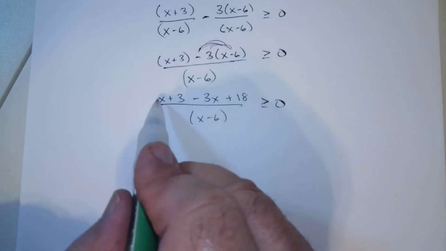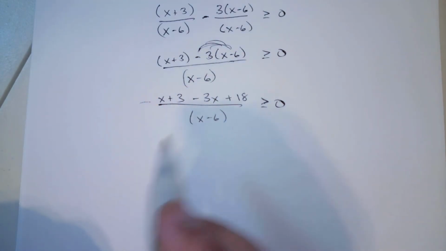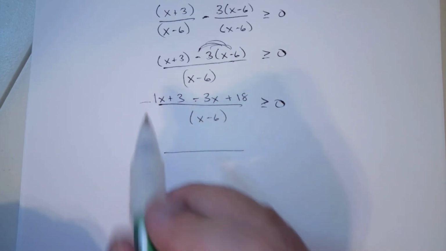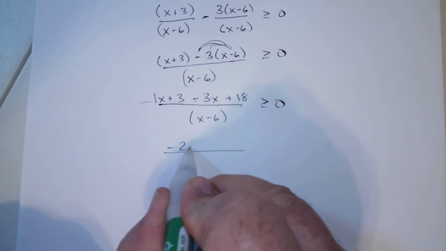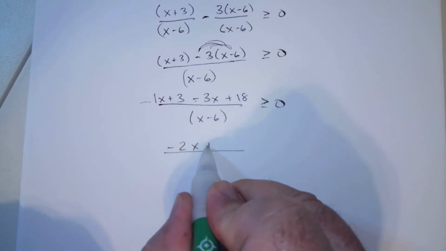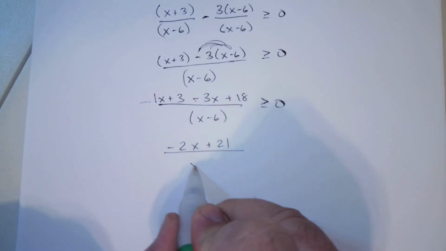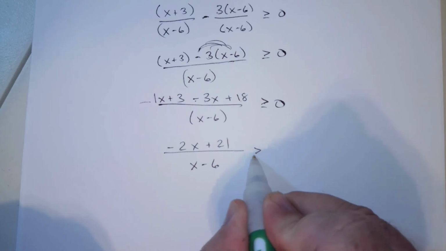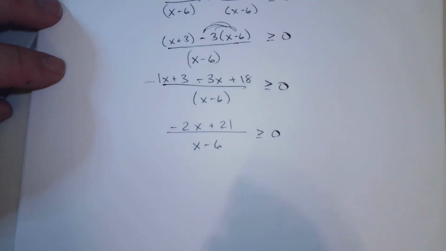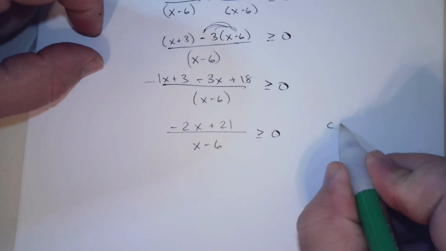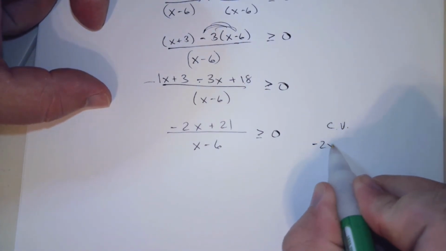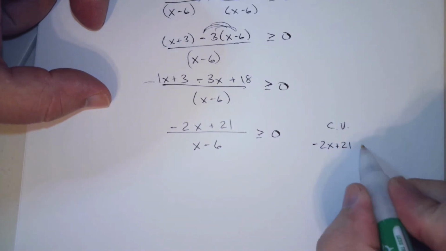I don't need the first parenthesis since there's no coefficient. Combine like terms. Negative 3 plus 1. So it's negative 2x. Positive 18, positive 3, positive 21. So now we have our equation we can look at. Our critical values, take the top equals 0, so we have negative 2x plus 21.